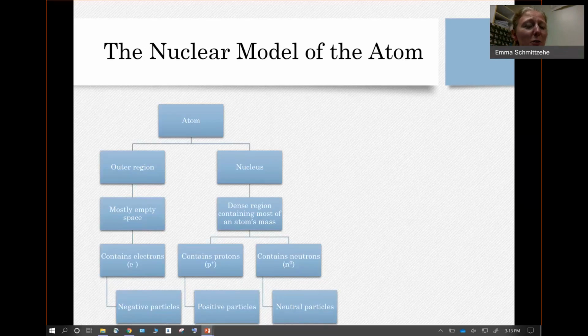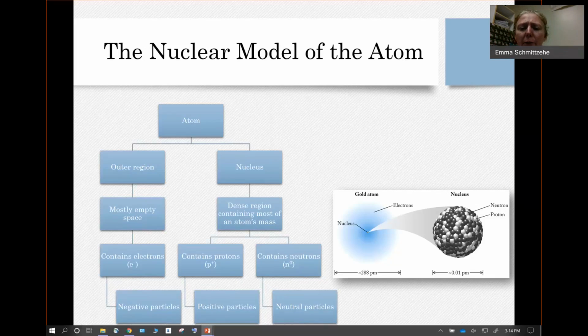Protons and neutrons have very large mass relative to electrons, but they take up very little space within the atom. Here's a representation of the scale of the nucleus of an atom to the electron space, that outer region.